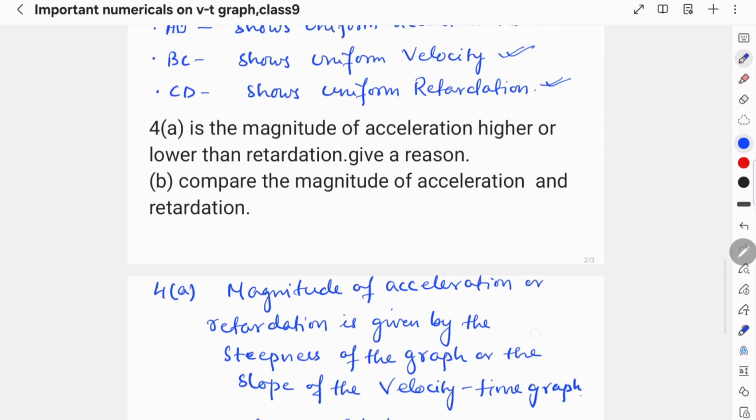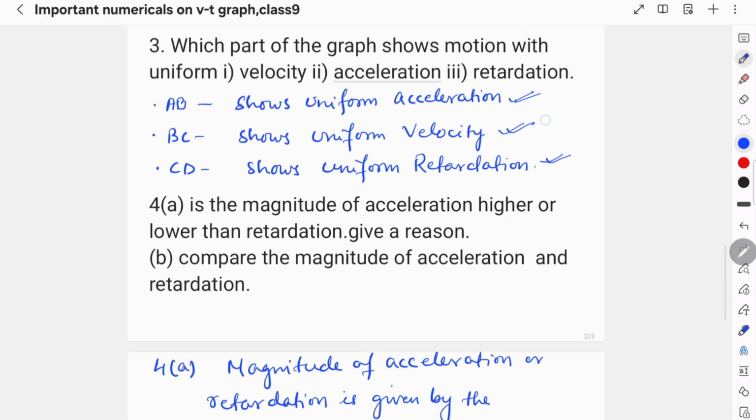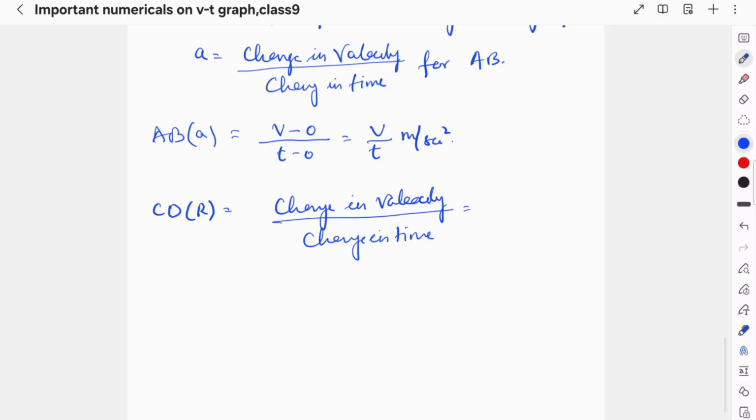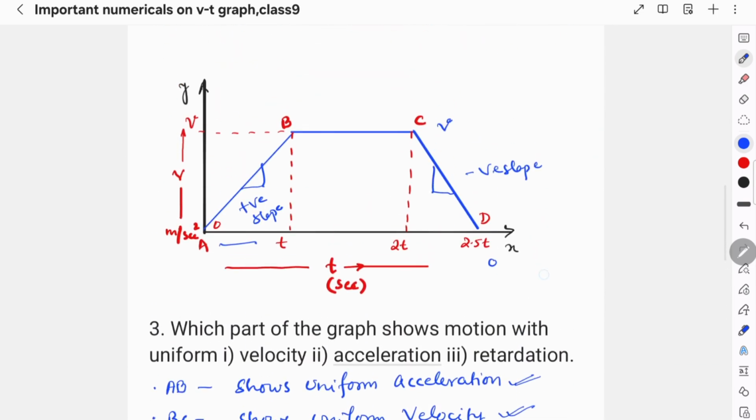So now see the velocity is changing from, actually velocity is V here, so velocity is changing from V to 0 because it is coming to rest. So the change in velocity will be 0 minus V divided by, now see the change in time.